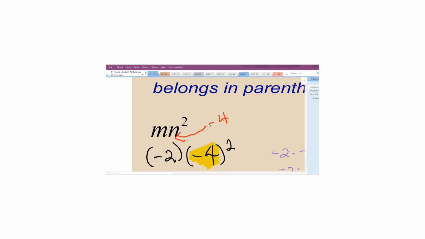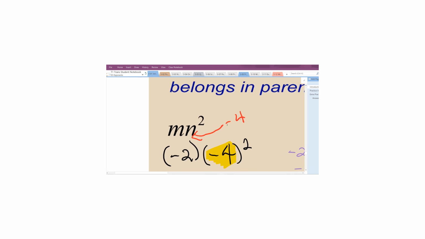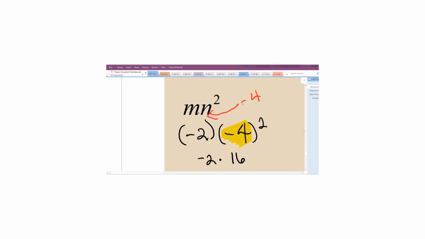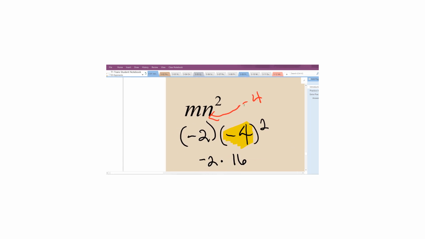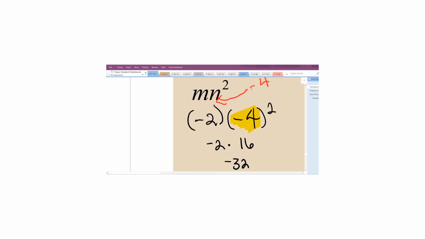In other words, we're squaring -4. We're not just squaring 4. And that may seem simple, but we'll talk about that in more detail. So when we simplify, we need to choose between multiplying or exponents, and we're going to do our exponent first by order of operations. So we end up with -4 squared, which is 16. And -2 times 16 is -32.